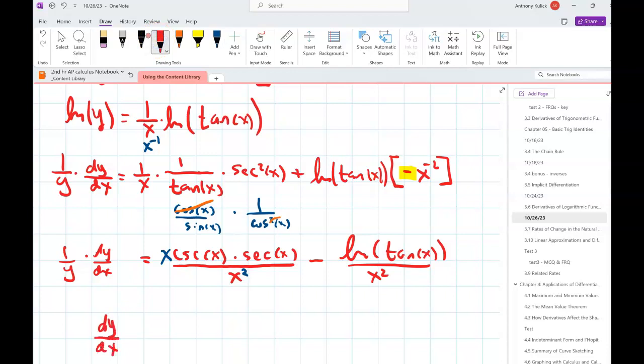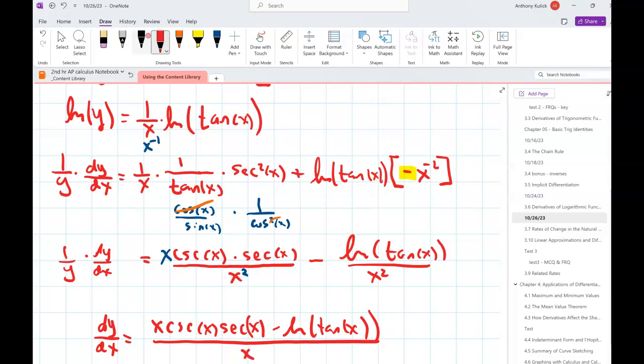So dy/dx is going to be x cosecant x secant x minus natural log tan x, all over x squared.